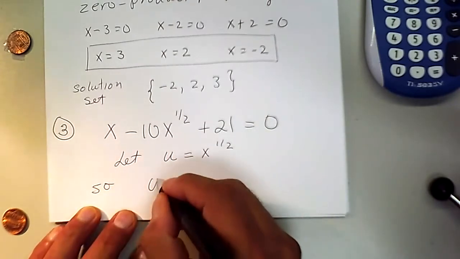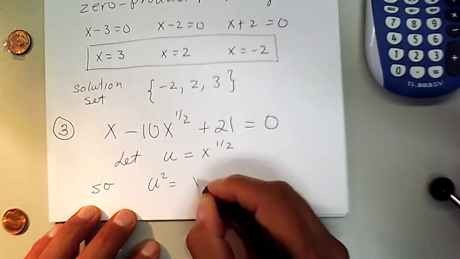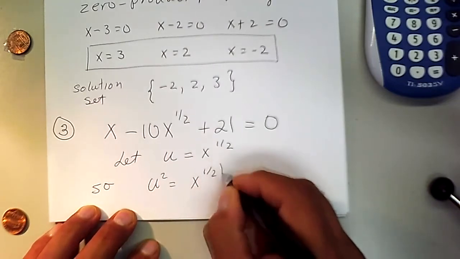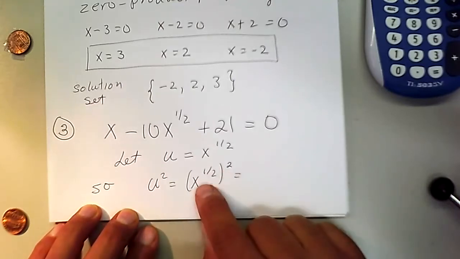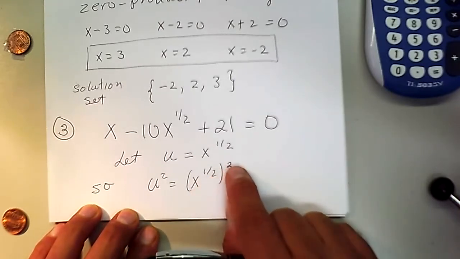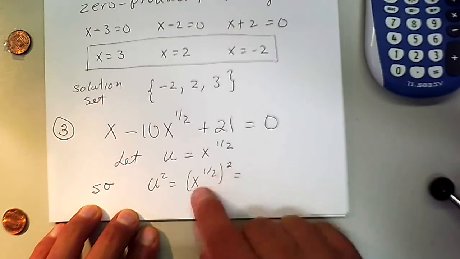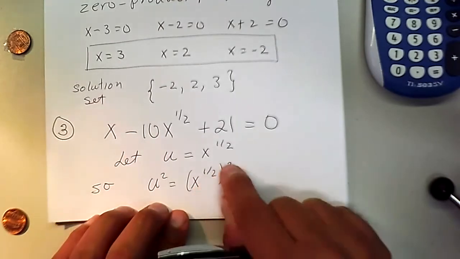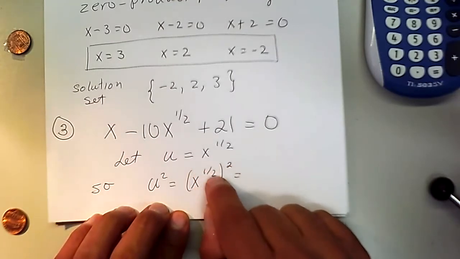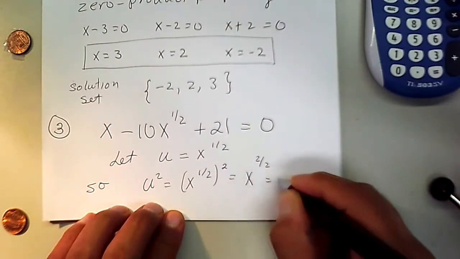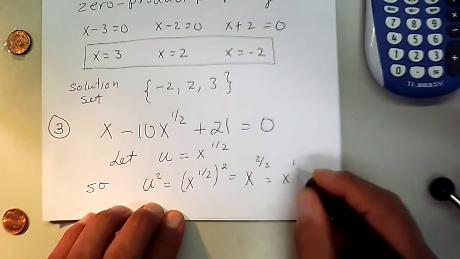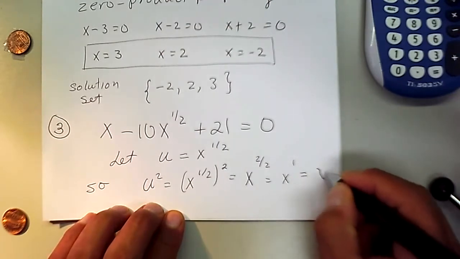So u squared would be, now let's do this step by step. X to the 1/2 squared, and you know when we have an exponent on top of another exponent in this fashion, we multiply the exponents, so we end up with 2 over 2, which is the same thing as x to the 1. And when we have an exponent of 1, we don't write it down.